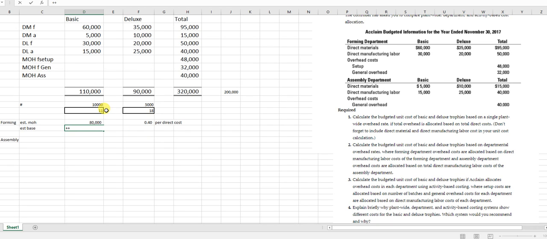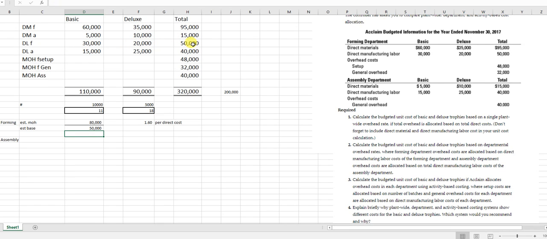Probably it'd be a better idea if you got your headings better than mine, but direct labor forming, okay, and so that one is for the basic, and that one is for the deluxe. It looks like I got my cell wrong there. Okay, so 30 plus 20, I got 50,000.